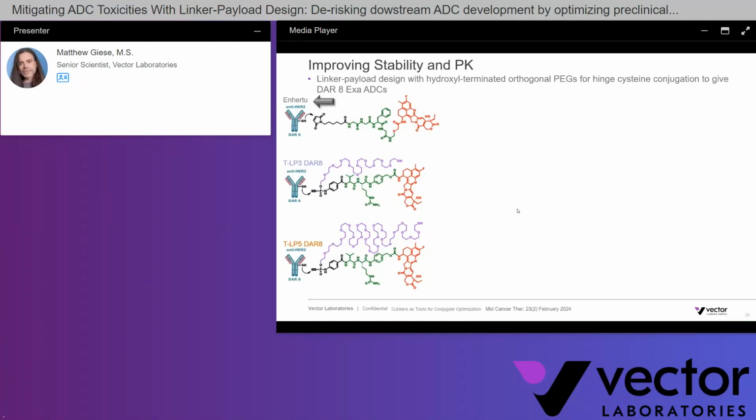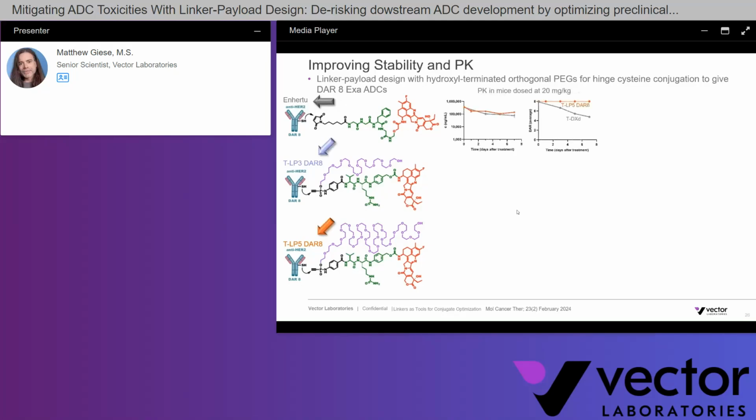Tubulis was able to use their proprietary conjugation chemistry and these orthogonal PEGs that are capped with hydroxy terminus, and they were able to make these DAR8 EXA ADCs with the val-cit trigger in high yield and little aggregation. And this is TLP3 through TLP5, shown on the left there.